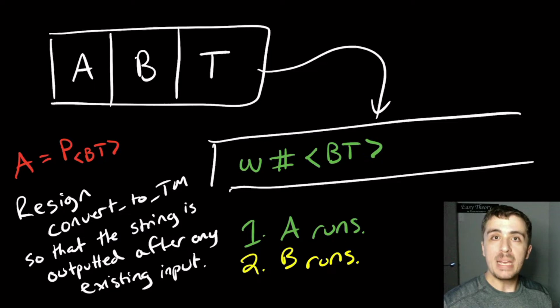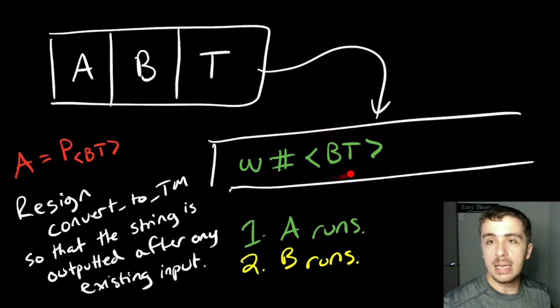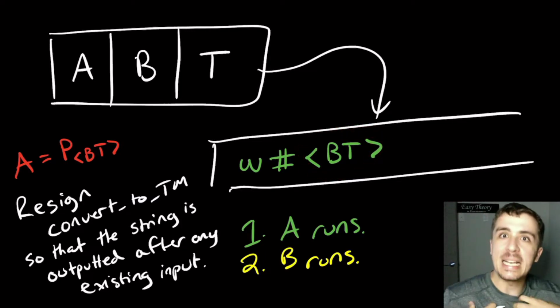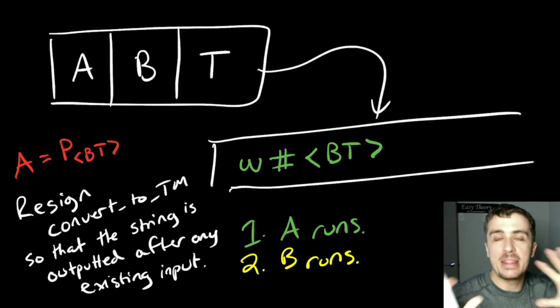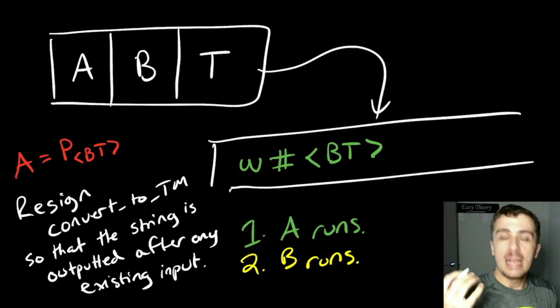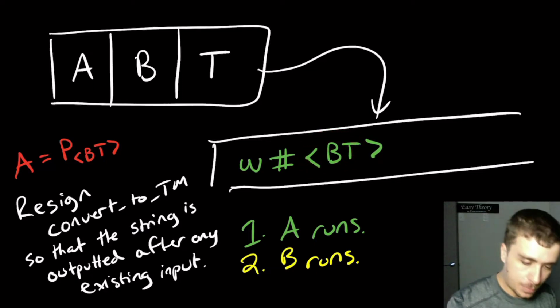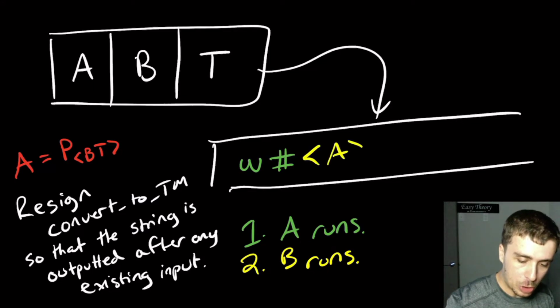So when B runs, it's going to apply the Q function to this. Remember, the B machine only takes the Turing machine part. It doesn't take the string part that we have right here. And so it's going to produce A right here. So what's going to be left on the tape is the Turing machine A right here.